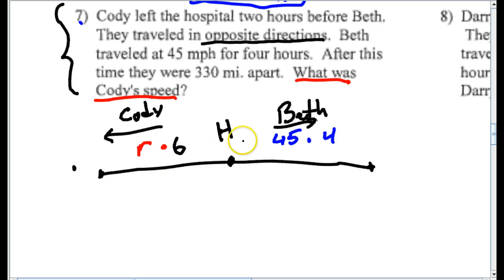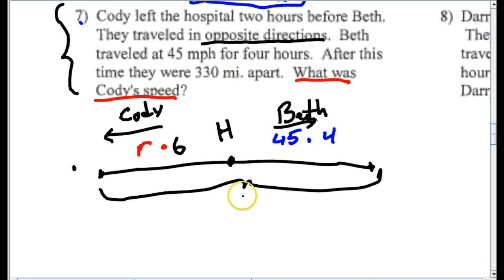And what is different about all this? So, we know this whole distance right here. They're 330 miles apart. So no longer is it, oh, these two are equal. They're not saying these are equal, like each side did 100, 150, 165.